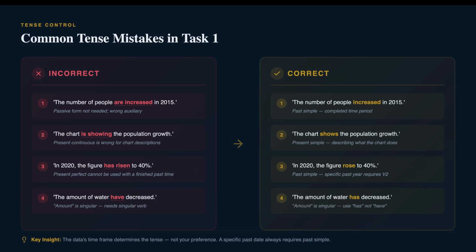So it is a singular subject, amount, then we have to use the singular verb has, not have. The correct version is: the amount of water has decreased. So again, amount is a singular subject, so we need the singular verb has, not have.